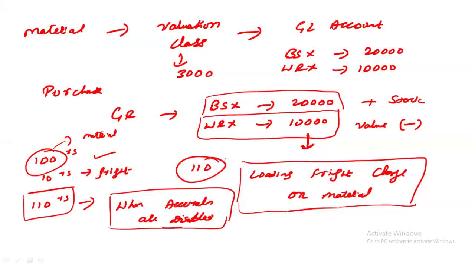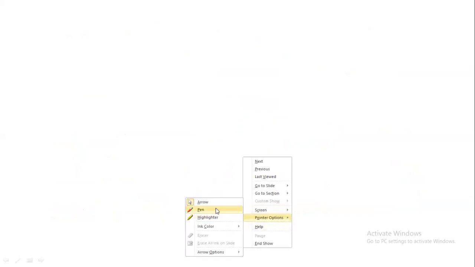So the complete 110 will get paid from this account. In that case, we say the freight charges are getting loaded on the material. Okay. Now, second case, when accruals are enabled.